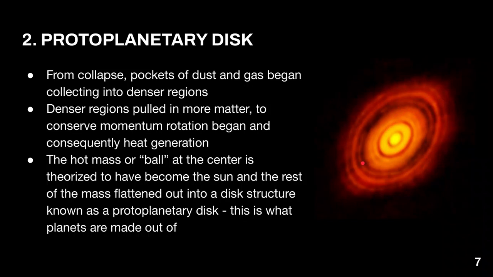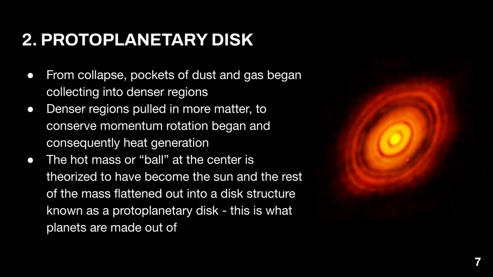The hot mass or ball at the center of this pocket became the sun, and the rest of the mass was flattened out into a disk-like structure, which is known as a protoplanetary disk. So, this right here is theorized to have become the sun, and all of the stuff around it is what our planets in the solar system are made out of.